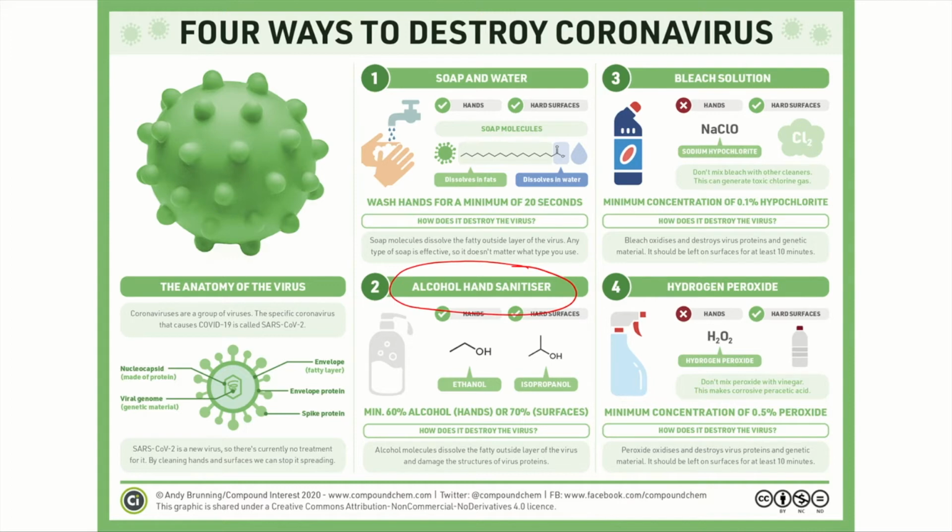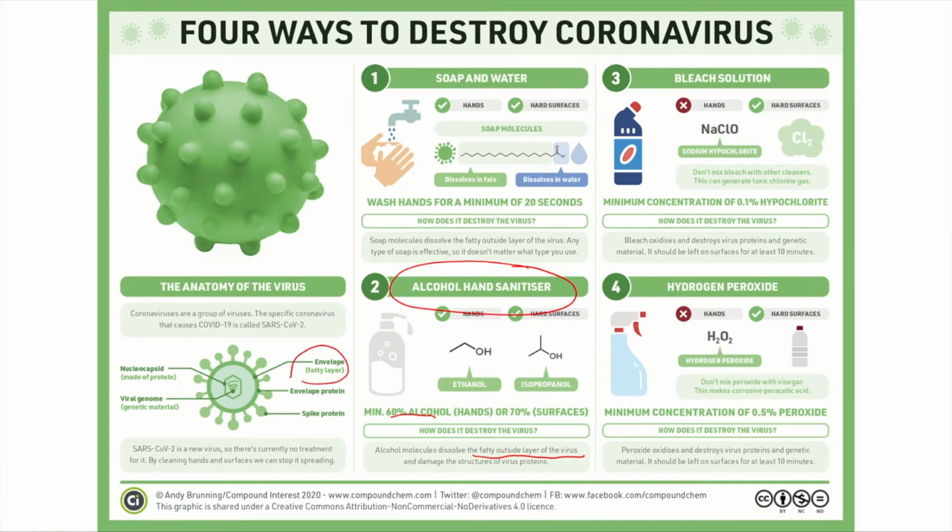For hand sanitizer to work, it needs to have alcohol, and the percentage of alcohol is preferably 70%. Why is it so? Because this alcohol can dissolve the fatty layer outside the virus. The outer layer of the virus, to protect it, has this fatty layer.